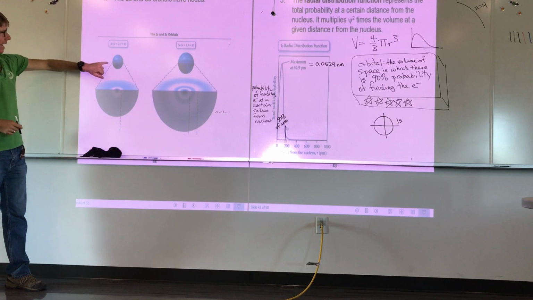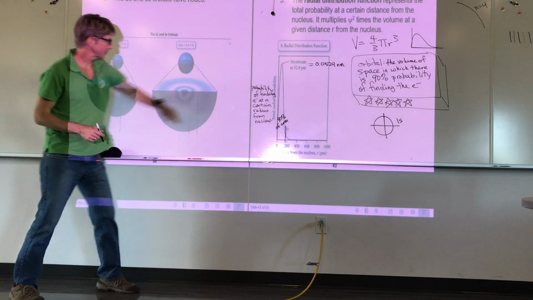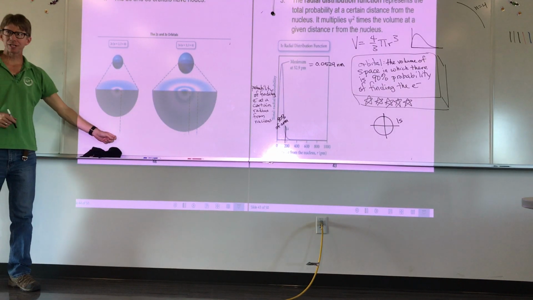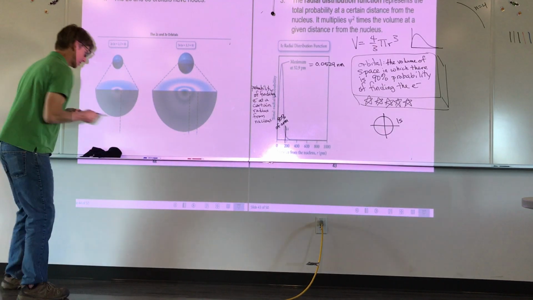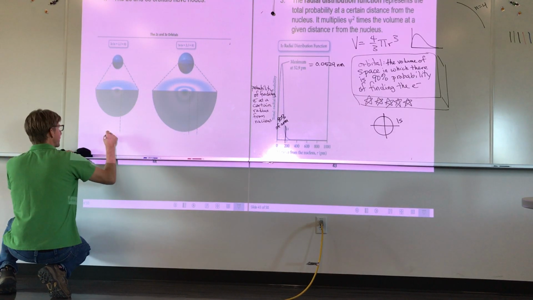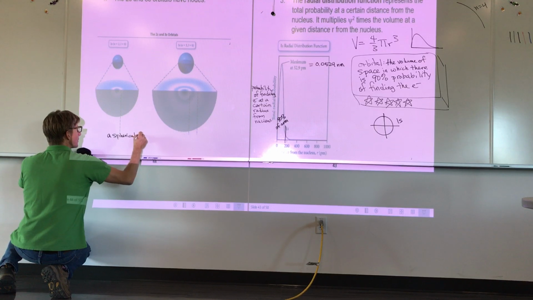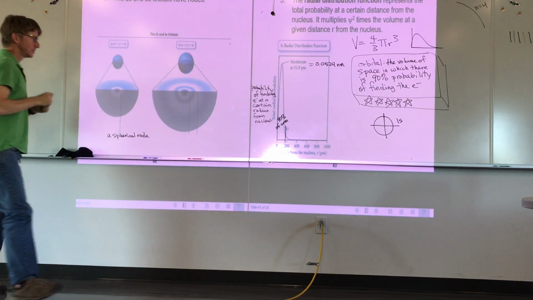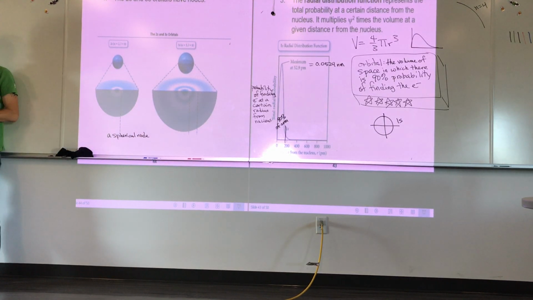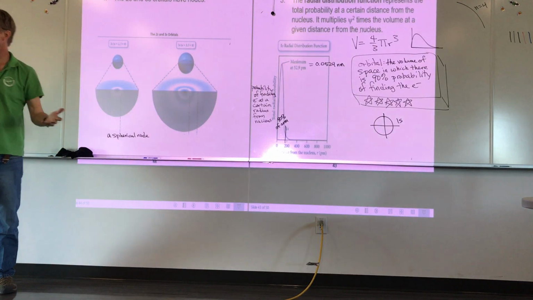So, as you go to 2s and 3s, you actually have spherical nodes. Or in this case, since there's one, a spherical node, and what we have to remember, so this node, still the same definition.